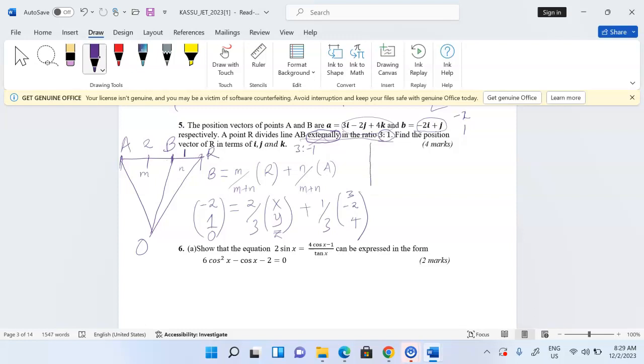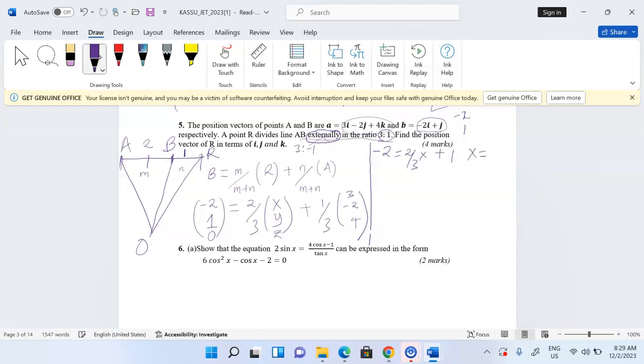Now I'm allowed to find the unknown here, so I can say -2 equals 2/3 x plus 1. This is 2/3 x plus 1/3 by 3 is 1. Therefore 2/3 x equals -3.